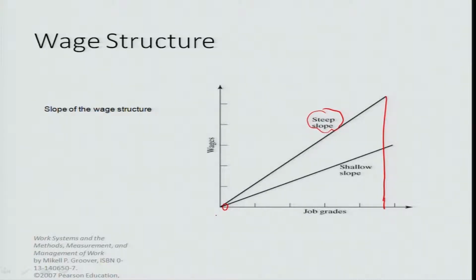There are also certain wage structures with shallow slopes, where the growth may not be that steep going between different job grades. And one of the reasons why that is done is to give an overall increase in the wage level by creating a lesser differential between the highest paid job and the lowest paid job.